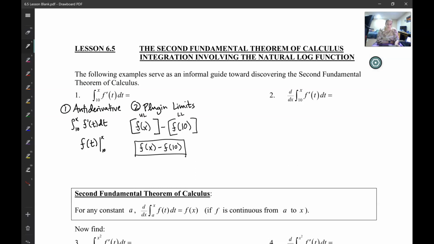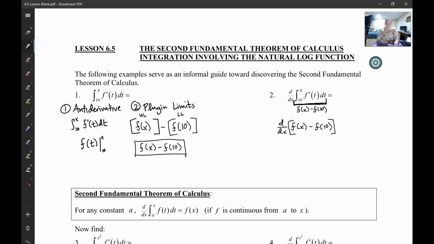So that's why we're going to explore this a little more. I just found out that this whole piece from number 1 equals f of x minus f of 10. So I really want to take the derivative of this. So let's take it one step at a time.